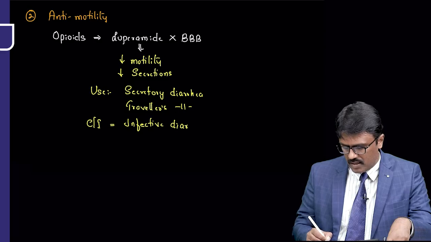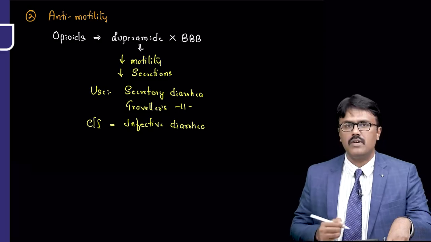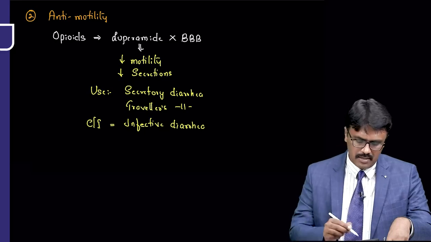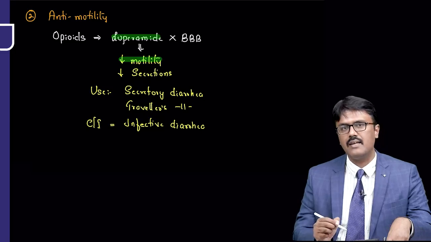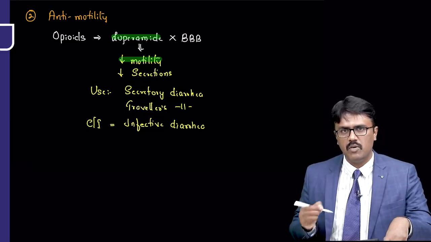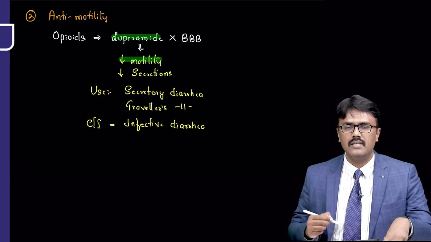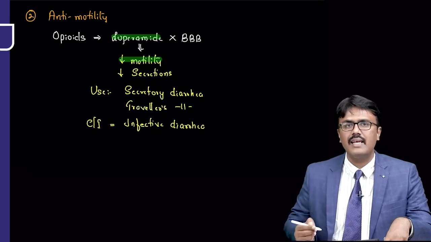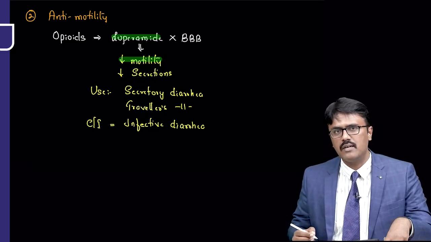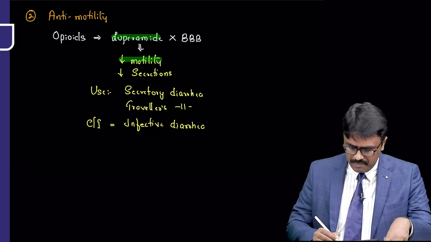What is the reason for that? The reason is simple, because when we use the drug loperamide, the motility of the intestine decreases. When the motility decreases, the intestine cannot throw the bacteria out. So the bacterial infection can flare up if you are using it in infective diarrhea.